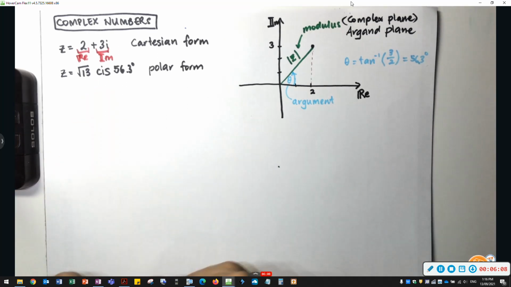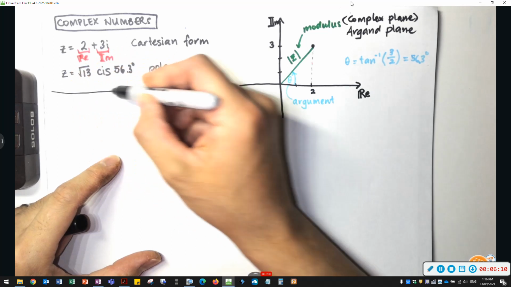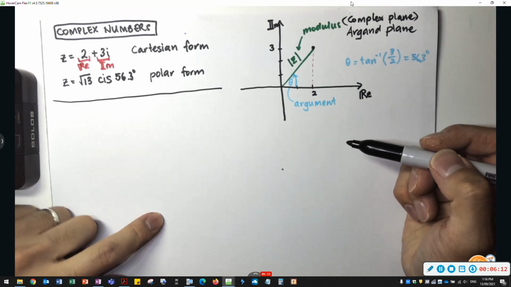Now I'm going to explain to you what the cis means. A bit more information about polar form.